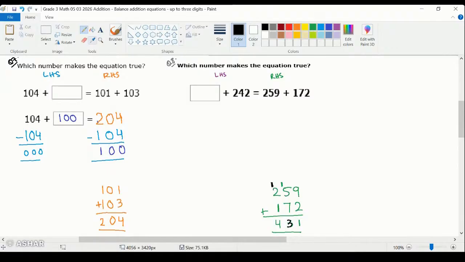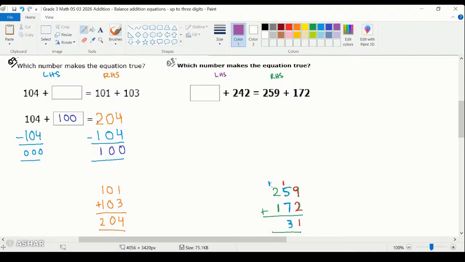You want me to do it again? I'll just do it again over here. How many ones do we have? We have 9 plus 2 ones, right? 9 plus 2 is 11. We write 1, we take a 1 over here. 1 plus 5 is 6, and 6 plus 7 is 13. We write the 3, and we carry the 1.